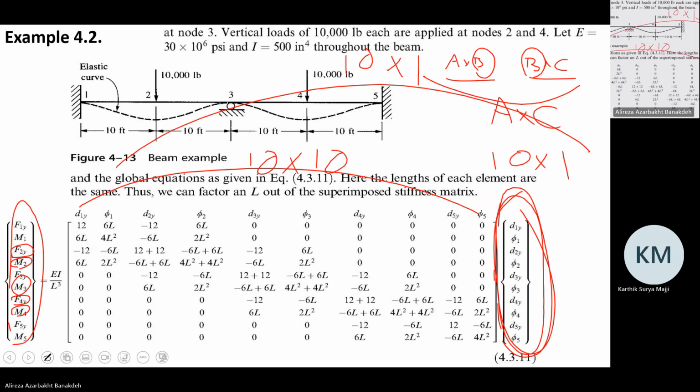External forces. The whole class. External forces. Don't be shy. External forces. What are the other ones? Support reactions. Don't be shy.